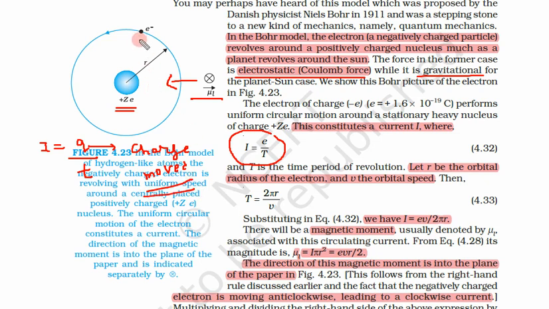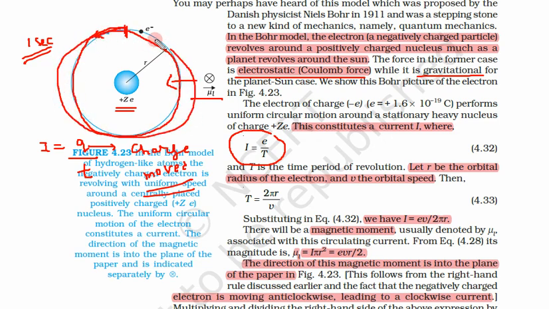So you know that this atom is very small and this electron is moving very fast. Let us say this is the point where the electron started moving like this. If this electron makes 100 revolutions around this positively charged nucleus in 1 second, it passes this point once, twice, thrice, four times and so on.